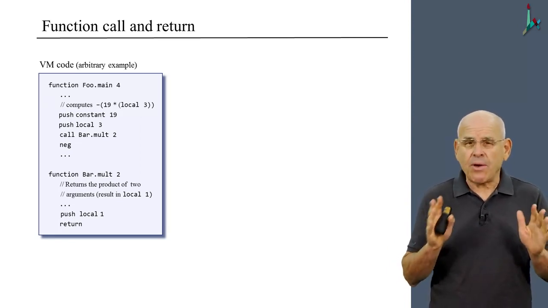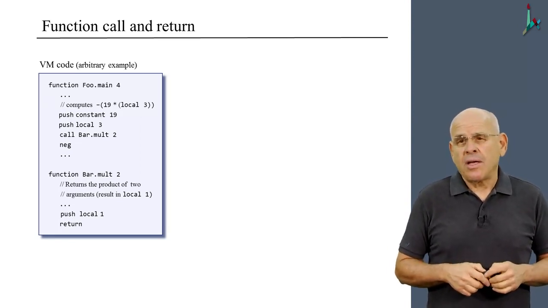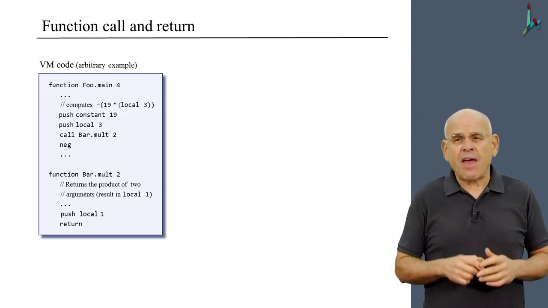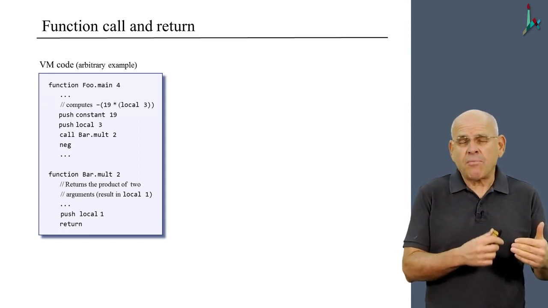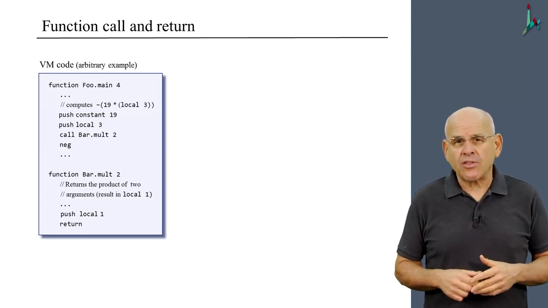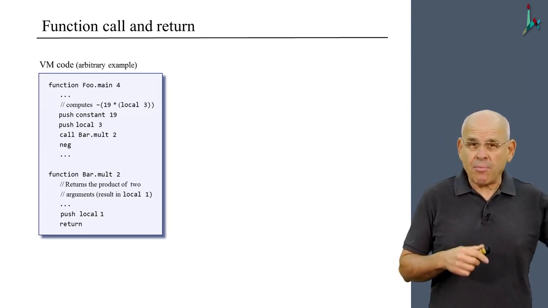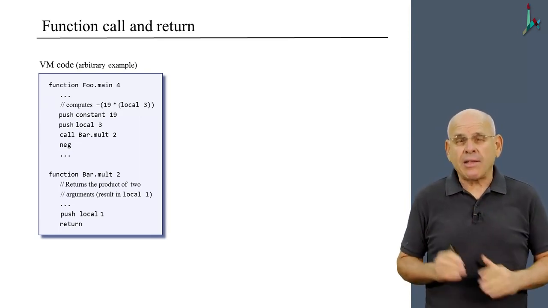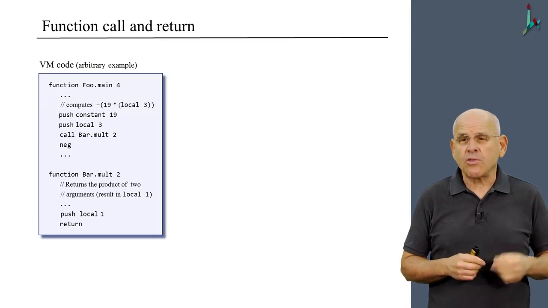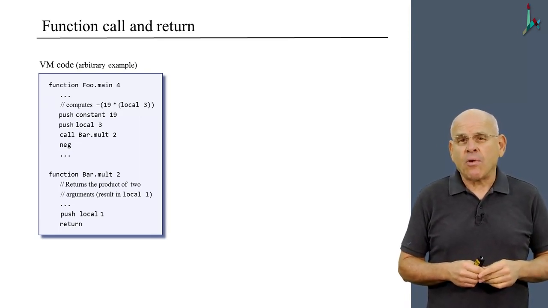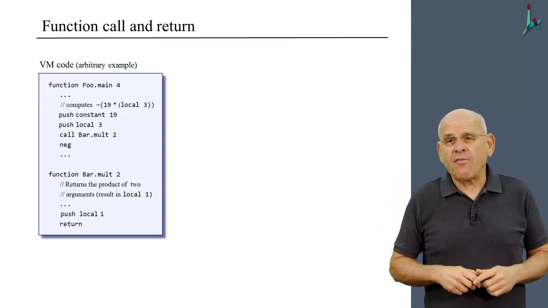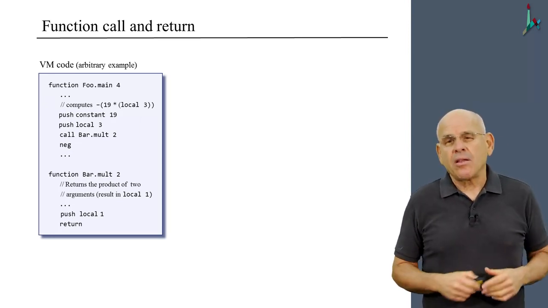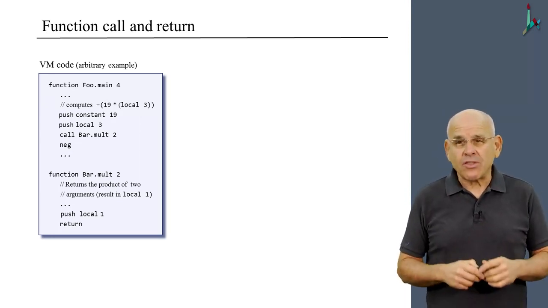So there's nothing really new here, except that I emphasize the fact that a function may well call another function which historically belonged to a different class, but once everything is compiled into VM code, we lose this notion of classes, and what we get is just a long list of functions that have full names, which is the class name dot function name.